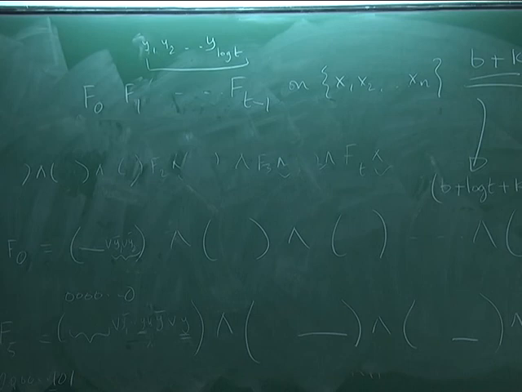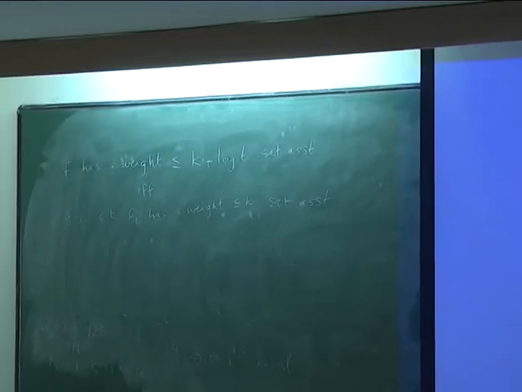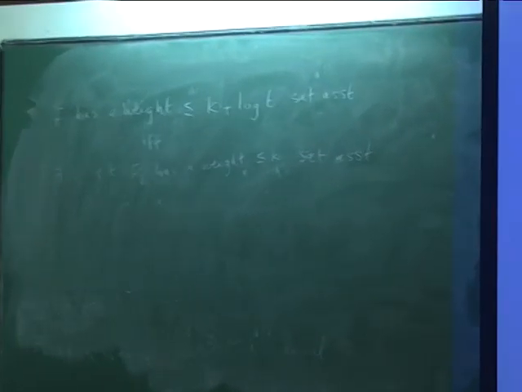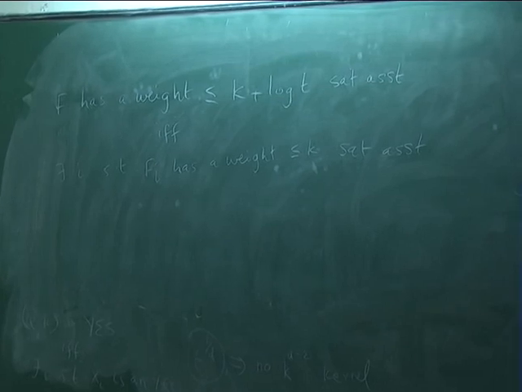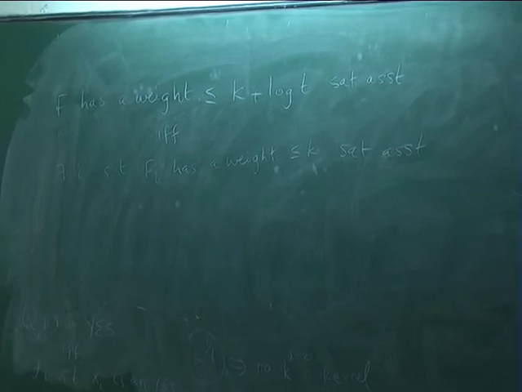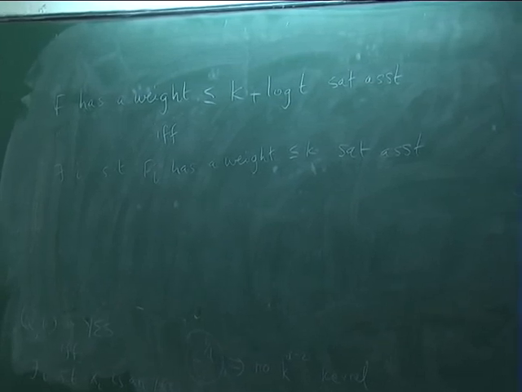If I show this, I am done, because I have spent time polynomial in the sum of the instances, my parameters are under control, polynomial in the max of the instance size, and I want to argue this. Now, let us see why this is true.